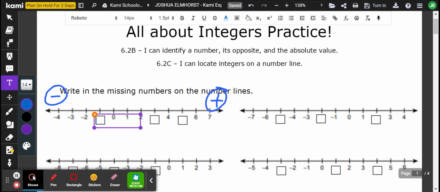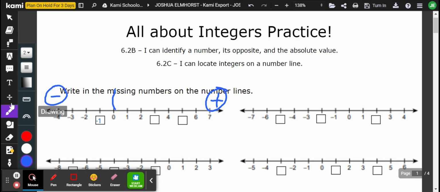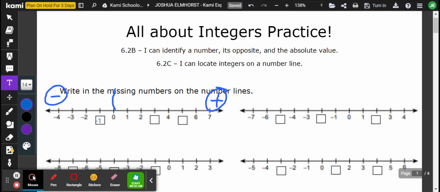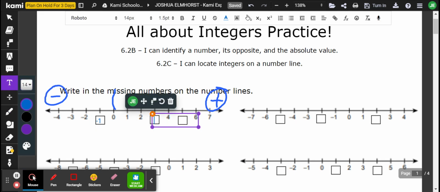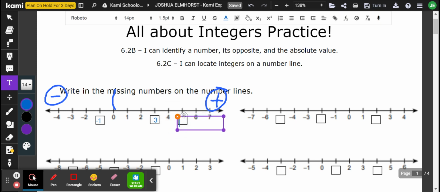I'm going to use a text box here, and we go one step left, which is going to be -1, and then we go back to 0 right here, our starting point, and then we go to the right. 1, 2, 3, so that's just going to be +3 or 3, 4, 5. We're just organizing and setting up our number line. Okay, there we go.